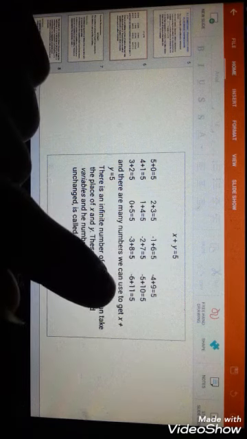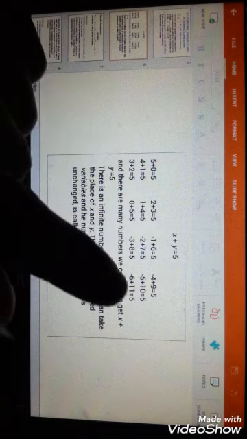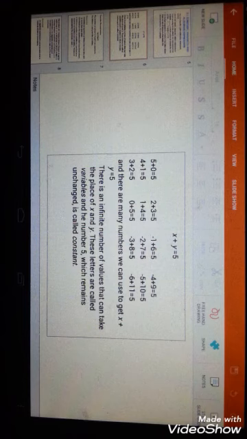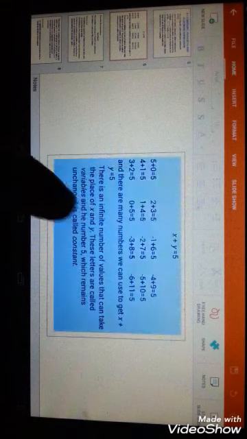So the same process applies to these examples. There is an infinite number of values that can take the place of x and y. These letters are called variables, and the number 5, which remains unchanged, is called constant.